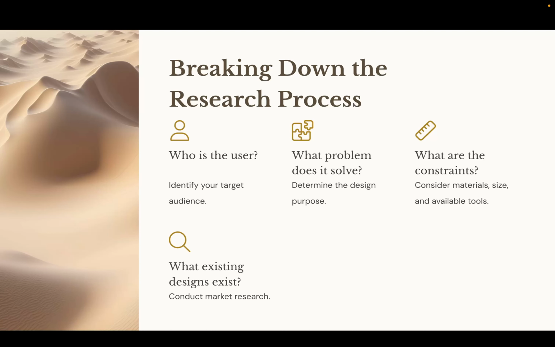Consider factors such as material availability, size, and production methods. What existing designs exist? Study the market to see what's already out there. By answering these questions, we create a strong research foundation for our project.